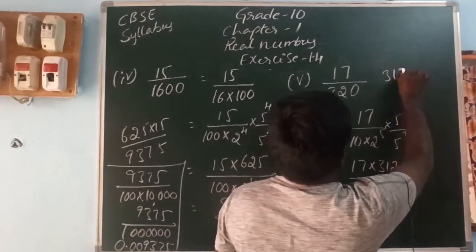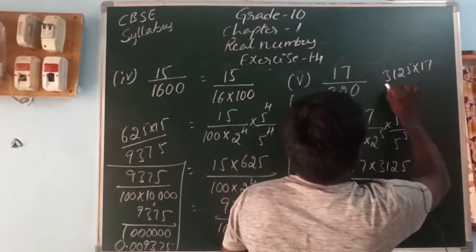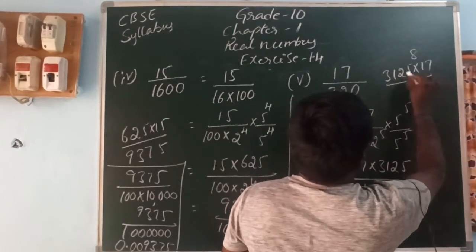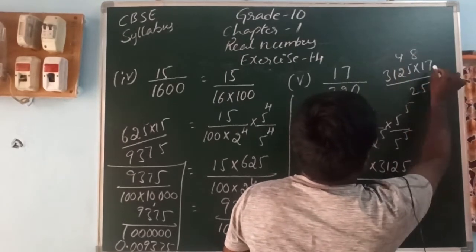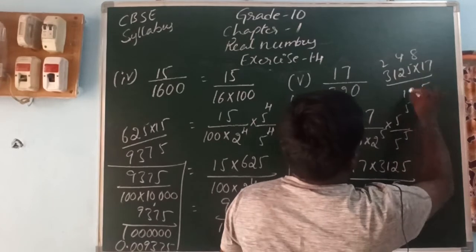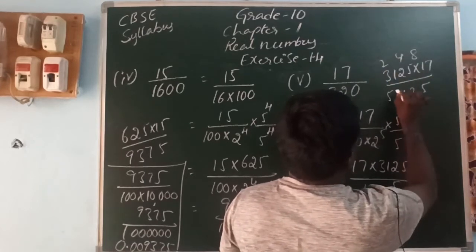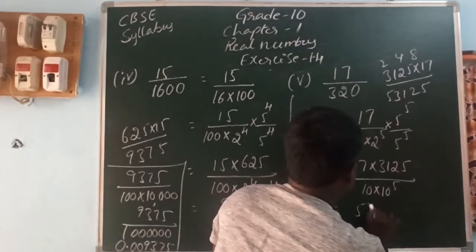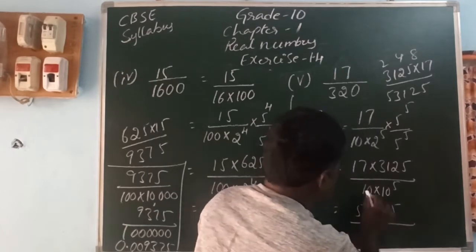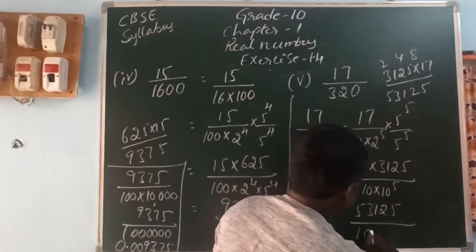So 3125 into 17: 17 times 5 is 85, 17 times 2 is 34 plus 8 is 42, 17 times 1 is 17 plus 4 is 21, 17 times 3 is 51 plus 2 is 53. So that is 53125 by 10 into 10 power 5, that is 6 zeros.